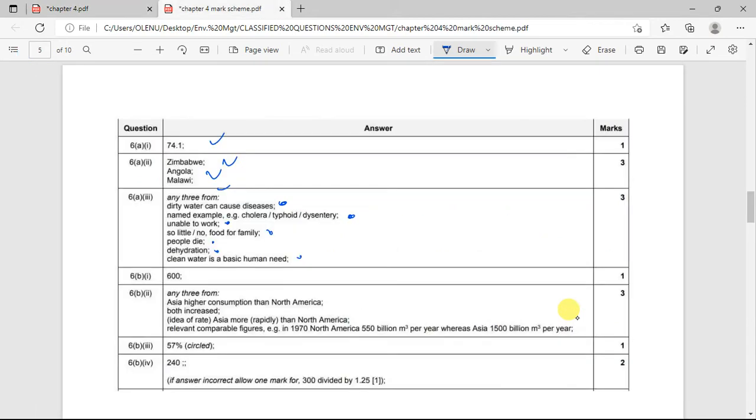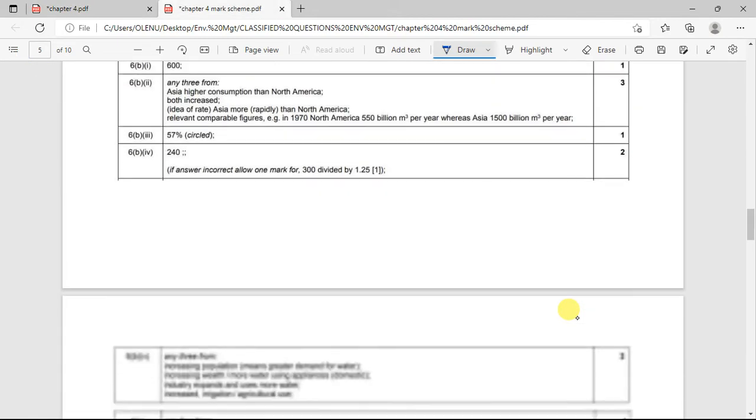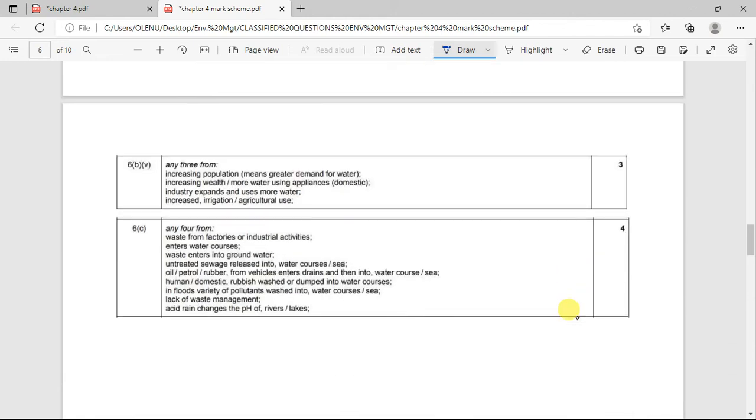Let me see the mark scheme so we can actually get more of that content. Okay, so increase in population, increase in wealth, increase in industrial expansion. Water from factories enter water courses, waste enters into ground, untreated sewage, oil from vehicles, human domestic rubbish, in floods pollutants wash into water, lack of waste management, acid rain changes the pH.